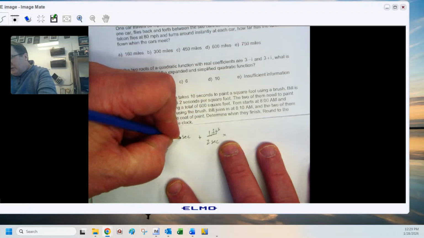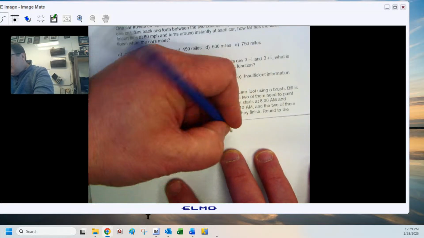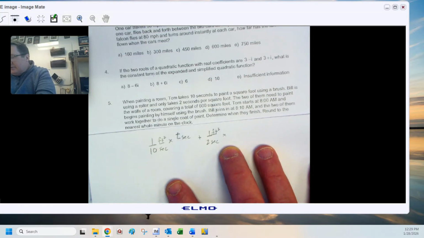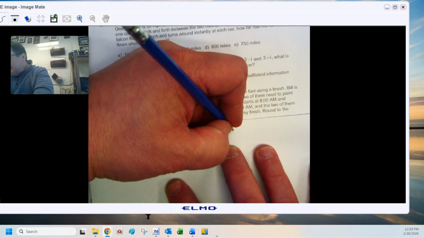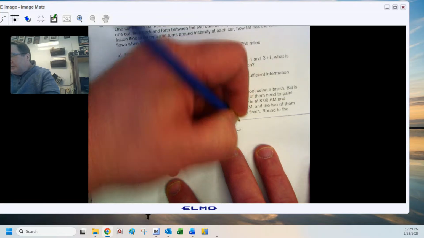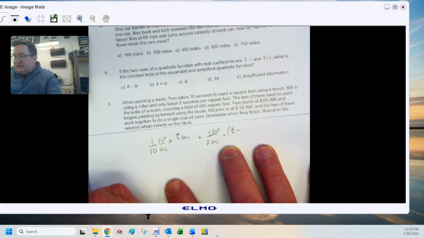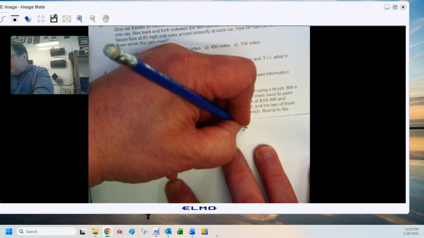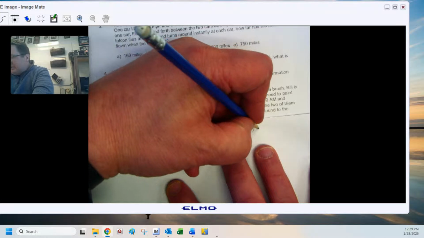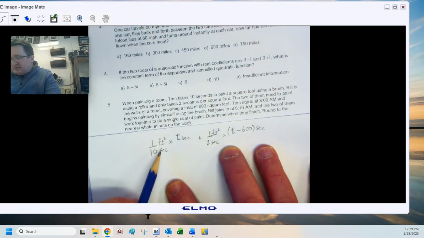T. And then he's going 10 minutes shorter than Tom. And so instead of T seconds, I'm going to put that he is at T minus 10 minutes, 60 seconds, that's 600 seconds.